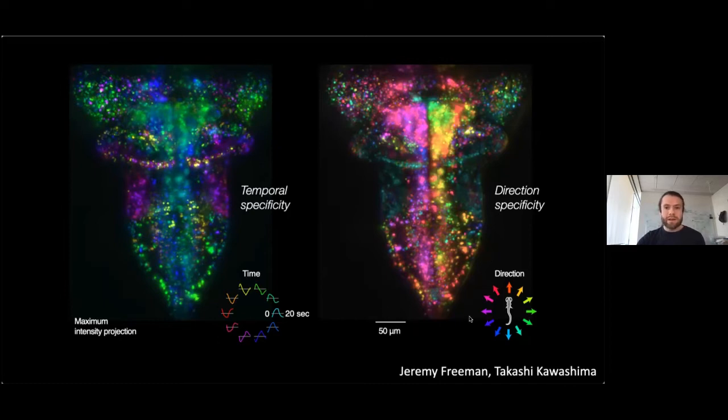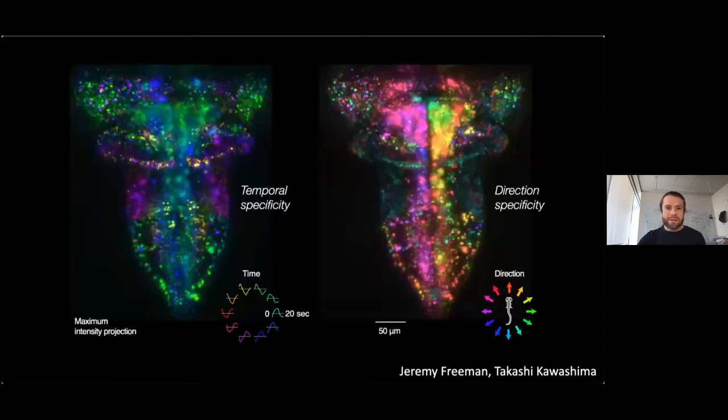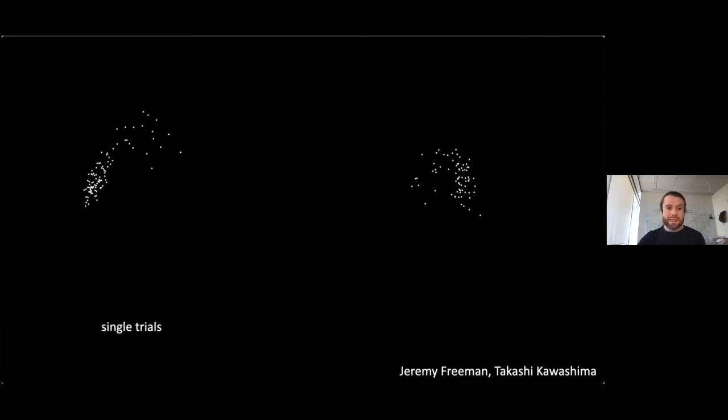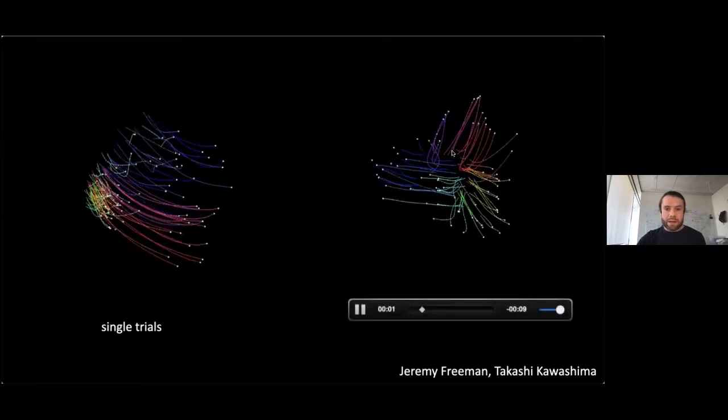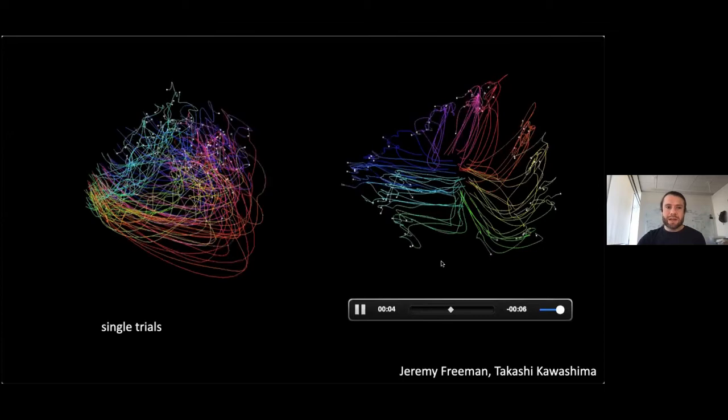And this is now the direction specificity that you saw before. This is just a tuning curve, so the color here represents the angle that maximally activates those neurons. That was a dimensionality reduction to 2 dimensions, and this is the same thing. So here you can, this is not quite PCA.